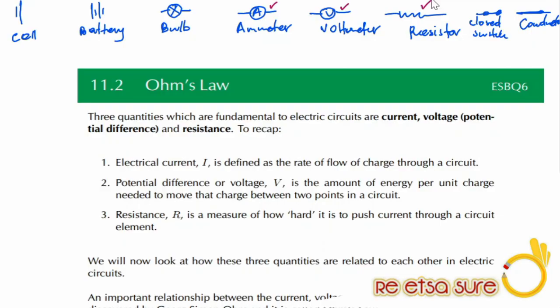A voltmeter is an instrument that we use to measure the voltage or the potential difference in our circuit. A resistor is a measure of how hard it is to push the current through a circuit.